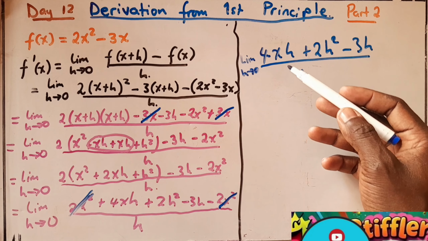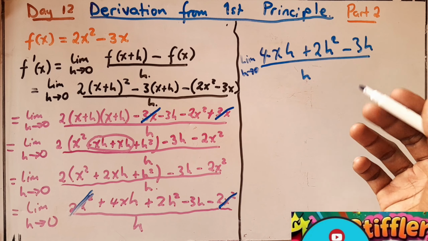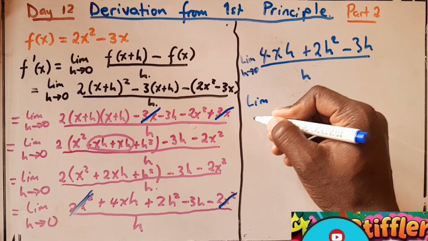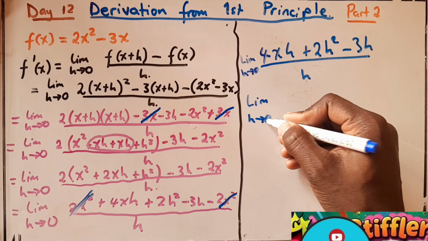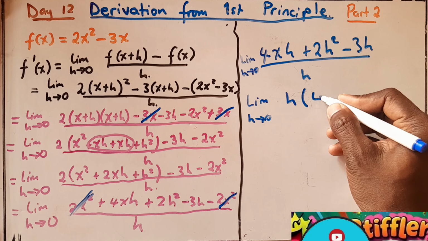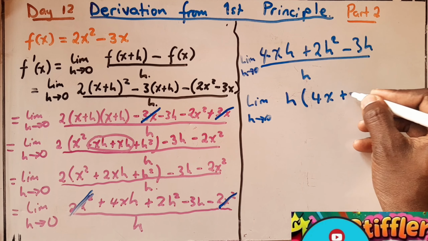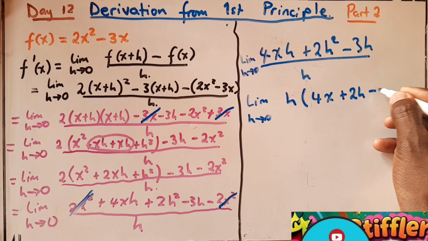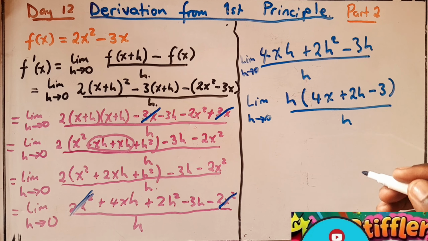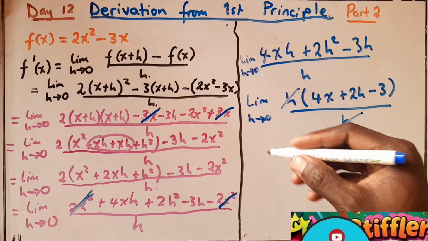So we can see that we're having this term, this term, this term, and also this. So now it means that we can factor out h. So again, this is the limit when h tends to 0 of h, and then 4x, right? And then plus 2h minus 3 all over h. So it means that this and that can cancel out.